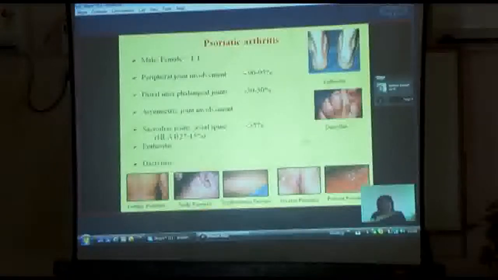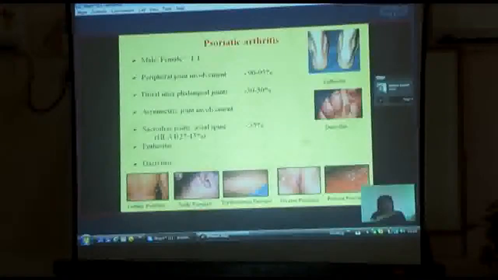Enthesitis, as you can see here, Achilles tendonitis and dactylitis, what we call sausage toe, is fairly commonly seen in patients with psoriatic arthritis. The skin lesions we see with patients presenting with psoriatic arthritis are guttate psoriasis, scalp lesions, erythrodermic psoriasis, flexural lesions, and pustular psoriasis.